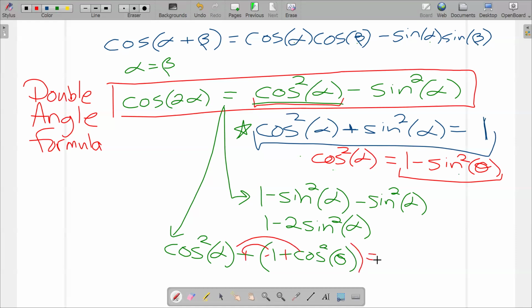So this is now going to be 2 cosine squared of, oops, not theta, I'm supposed to be using alphas, sorry about that. And then minus 1.